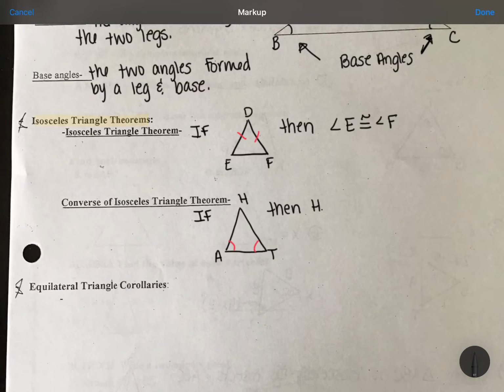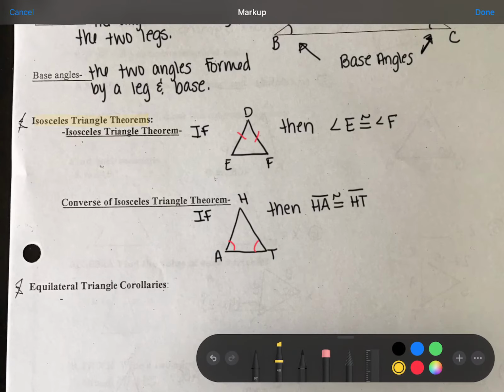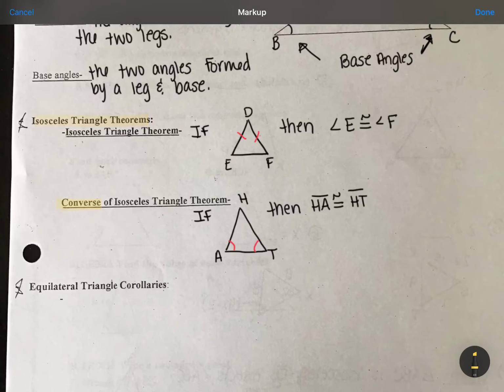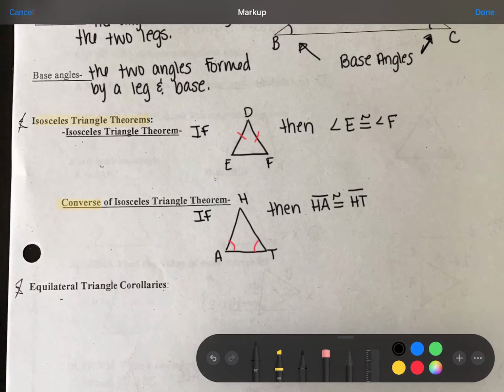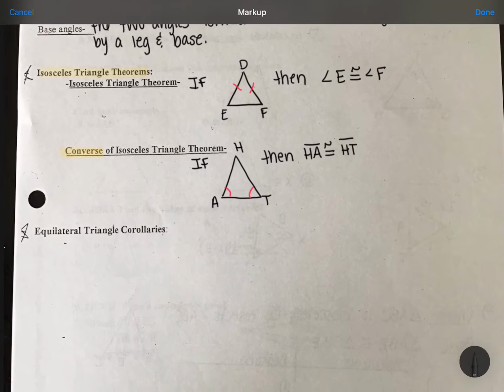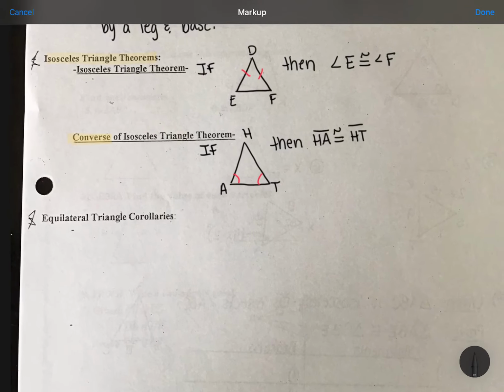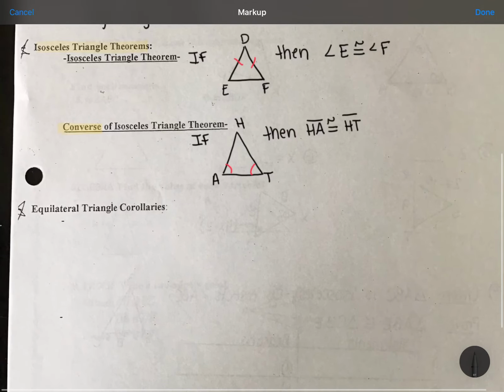So side HA would be congruent to side HT. So that is the converse. So if you know the angles are congruent, then we can conclude the sides are congruent. That is the converse. It's basically the reverse of the isosceles triangle theorem itself. All right, so we might need that in some of our proof writing that we've been working on. So those are some good concepts that we can apply.